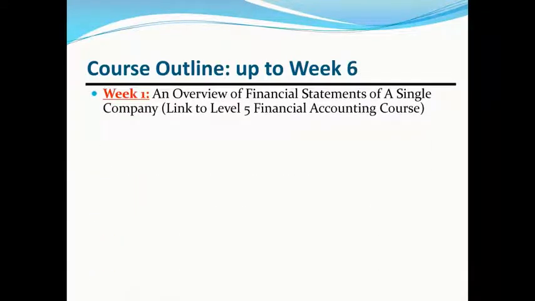So looking at what we covered so far, we started in week 1 by looking at an overview of financial statements of a single company, and this is mainly the main financial statements and the accounting treatment of different items in financial statements, which include a statement of financial position and a statement of comprehensive income. And in this week, we mainly try to link the knowledge that you acquired at level 5 with the expectation for level 6.